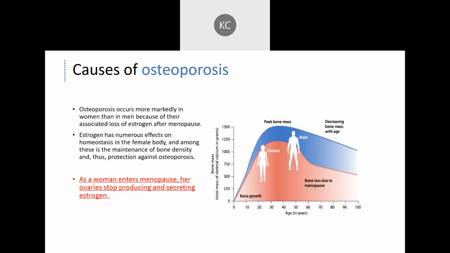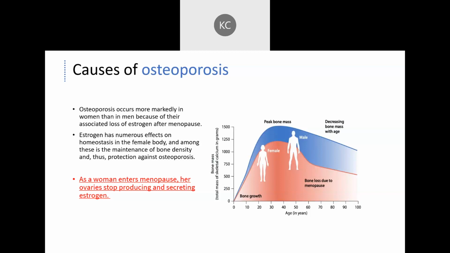All right, so you can see this here. This is a graph showing the relationship between age and bone mass and bone growth between males and females. You see that females overall generally have a lesser bone mass, and then they have a very steep drop off related to menopause as a result of the loss of estrogen that occurs after menopause.